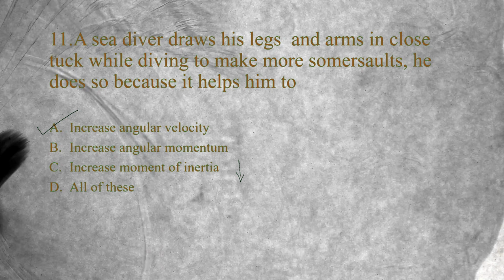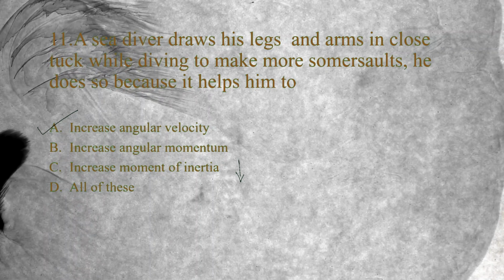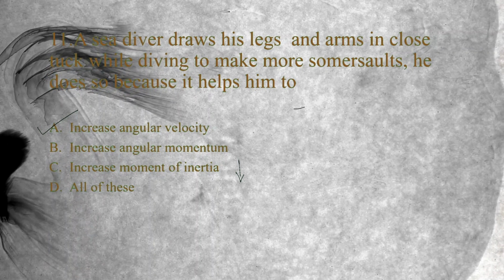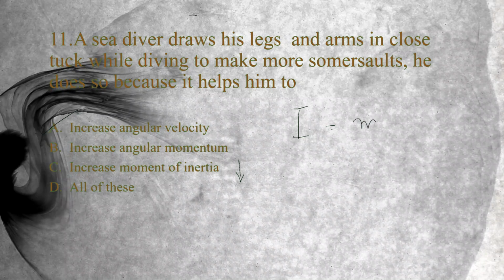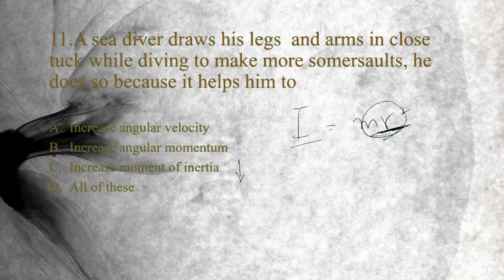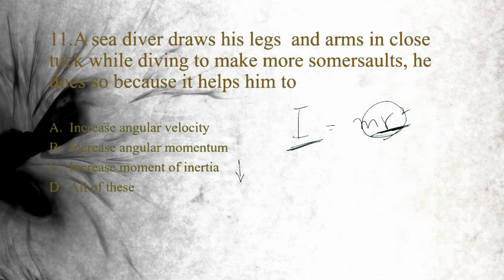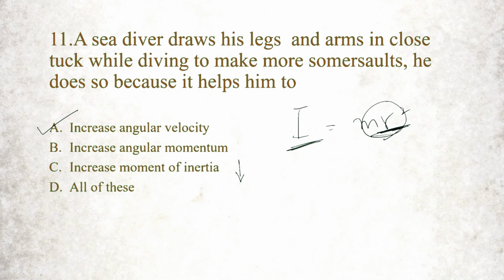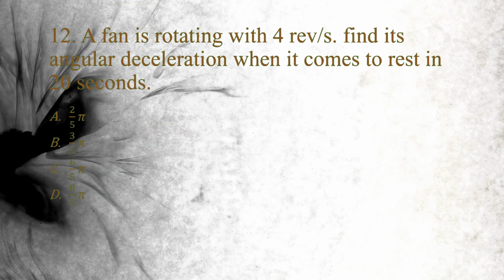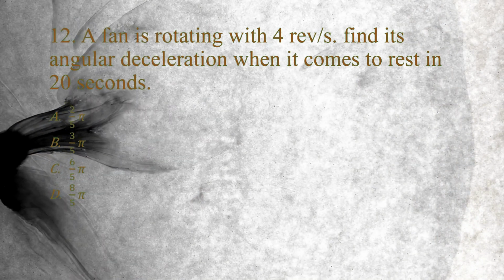So the correct option is increase angular velocity. The relation of moment of inertia is I equals m r square. So if the distance reduces, the moment of inertia is going to be reduced and the angular velocity is going to be increased.